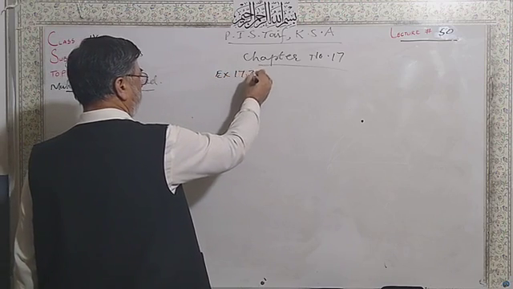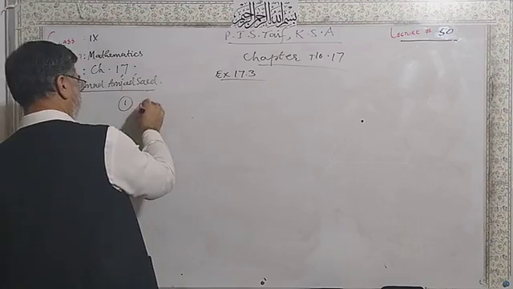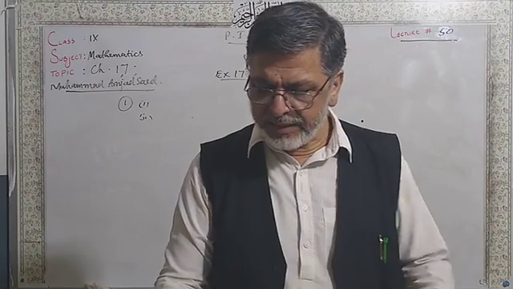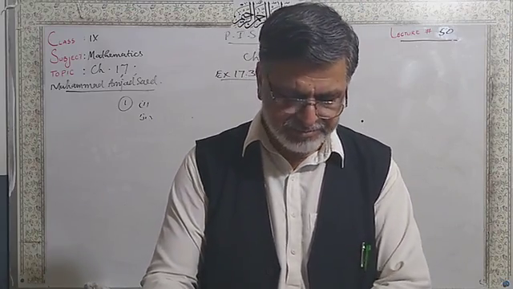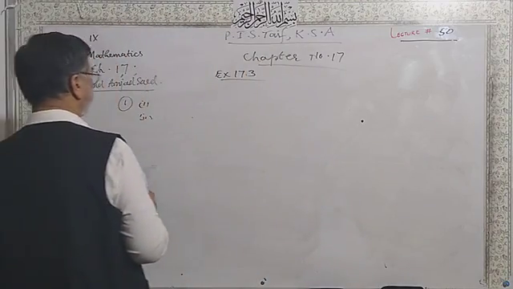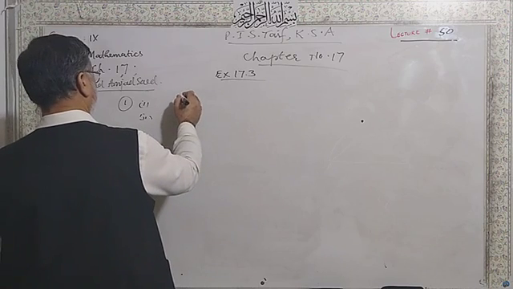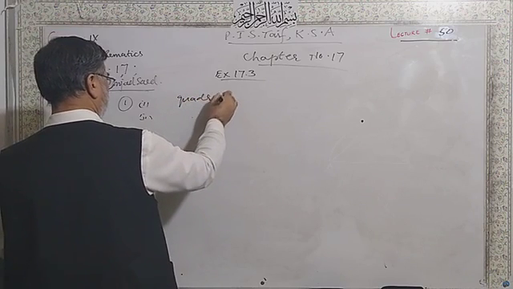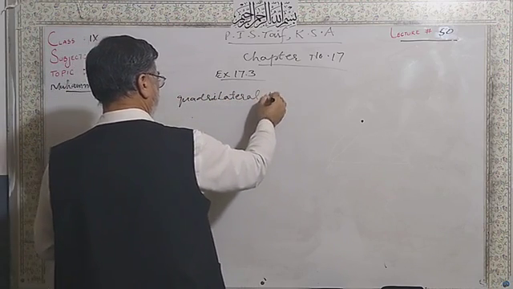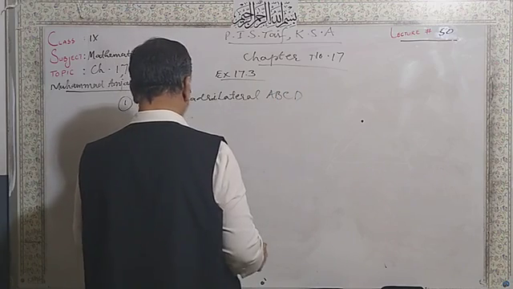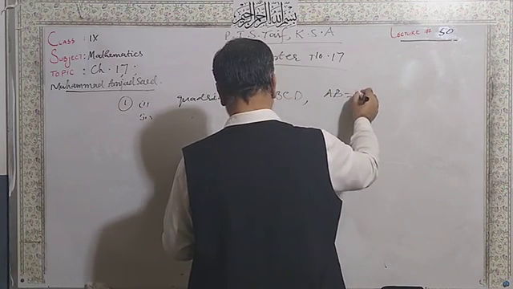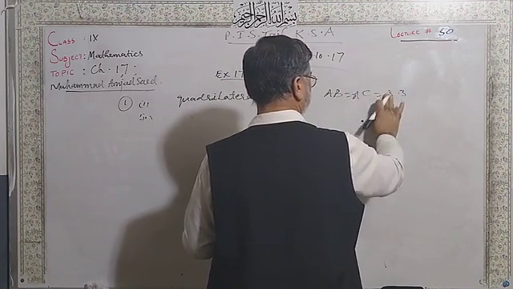Exercise 17.3. Question number 1. What is given in question number 1? Construct a quadrilateral ABCD, in which AB is equal to AC is equal to 5.3 centimeter.